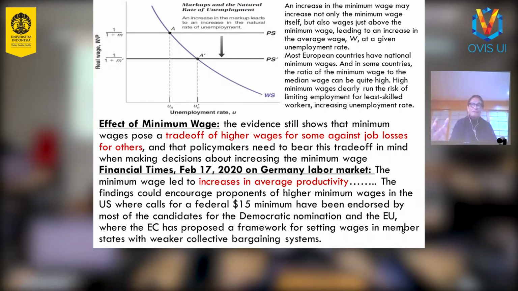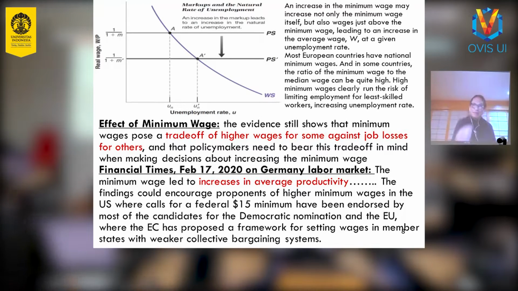Now, one thing that is missing in all this story is what happens with labor productivity. In other words, let's say the labor is initially paid 100, but then that labor is working harder and is more productive. Harder is not necessarily more sweat and effort, but also using brain, using initiative and so on.